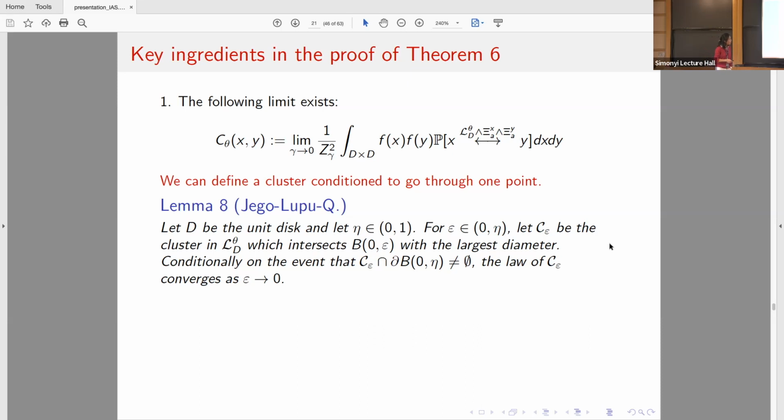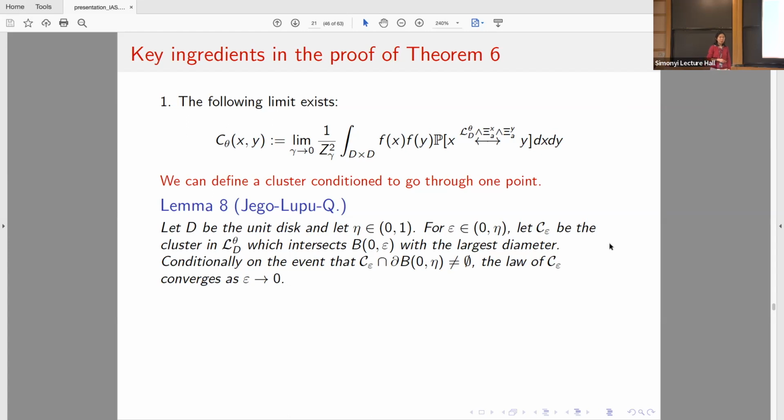So we actually show that, for example in the unit disk, if we take some eta to be some fixed macroscopic number between 0 and 1, and epsilon to be some small number tending to 0, and let C epsilon be the cluster in the loop soup with the largest diameter that intersects the small disk of radius epsilon around 0, then conditionally on the event that this cluster intersects a macroscopic circle of radius eta, the law of C epsilon converges as epsilon goes to 0.